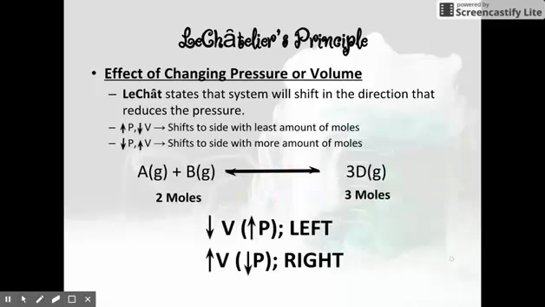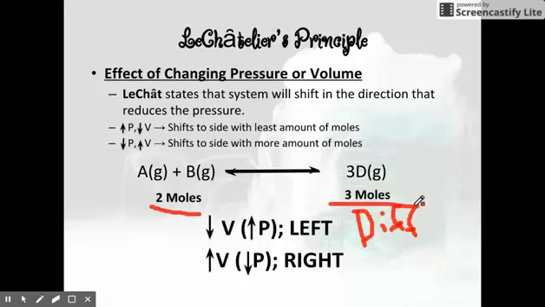Now, what happens if you have a reaction and there are equal moles of gas on both sides? That means changing the pressure or the volume is not going to affect anything. There has to be a different amount of gases for this to affect equilibrium. So if there are equal moles on both sides of our arrow, no change.